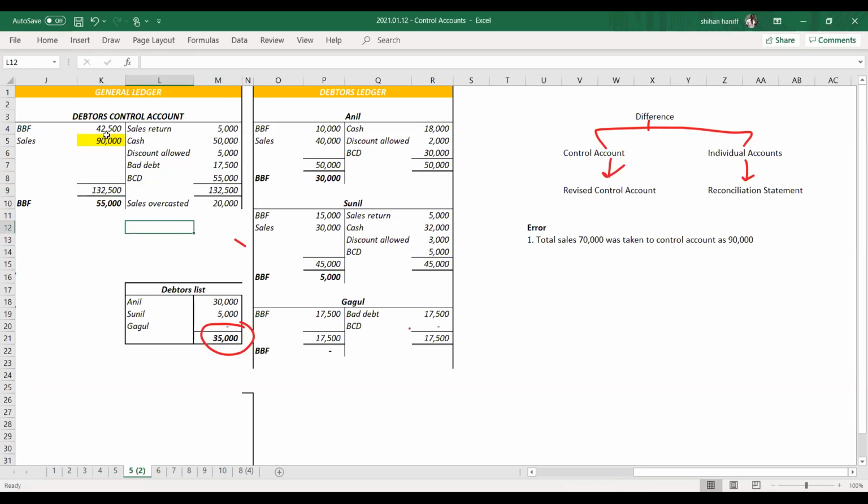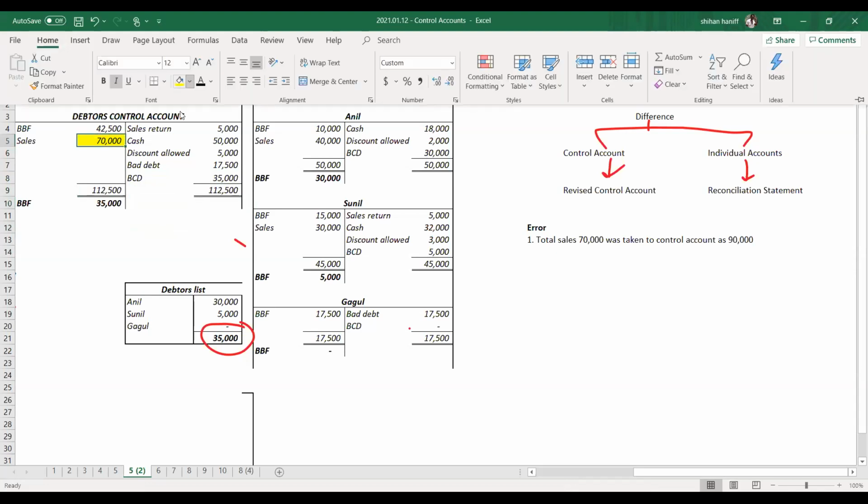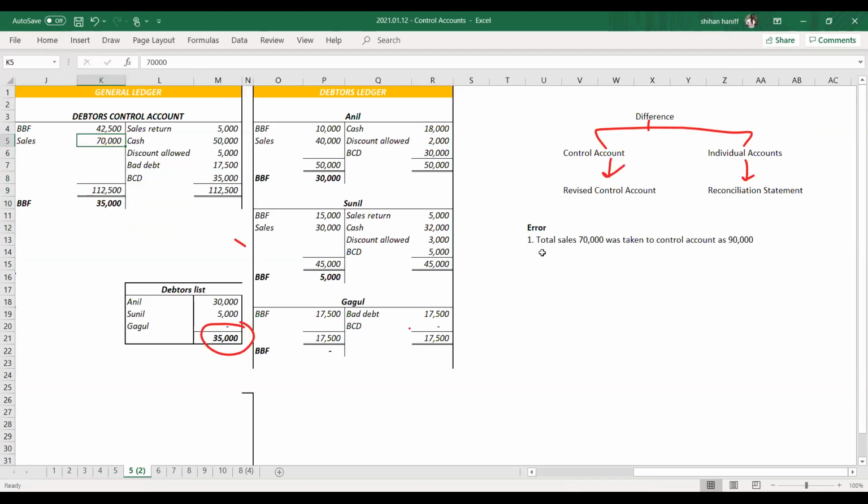Let's take another example. This is correct, 70. No mistake, 35. I'm going to take another mistake, another error. Now both balances are the same.